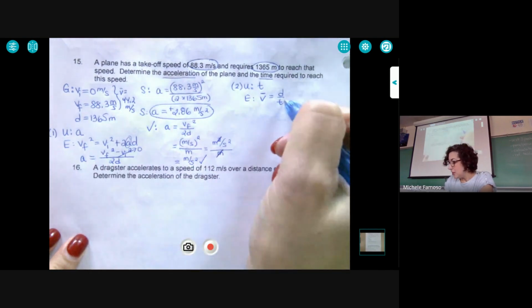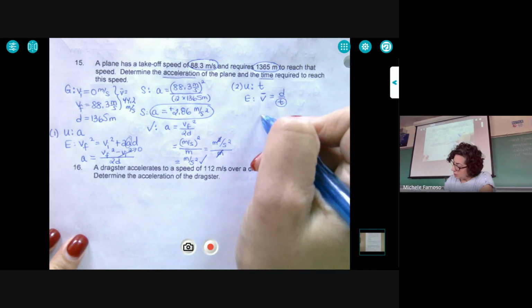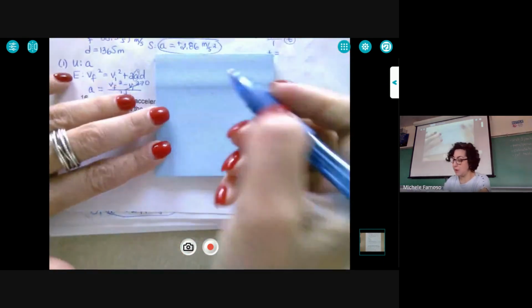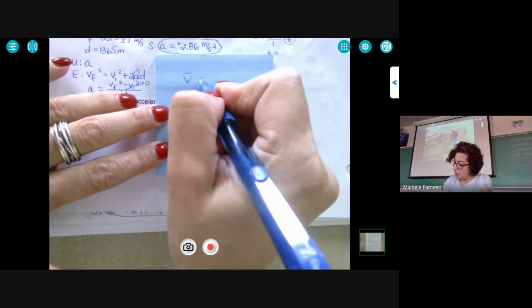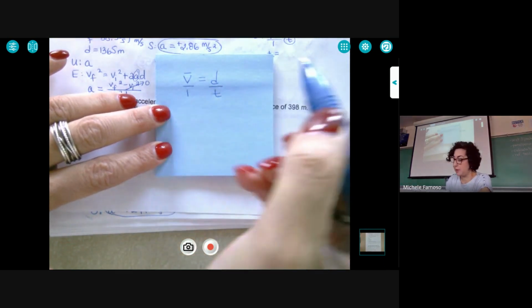Okay. Now let's come back over here. We have to move that around for time. Ian, what is that equation for time going to look like? So, no. Let's take a look. I'm going to do this right here. If V bar equals D over T, this is the same as V bar over 1.